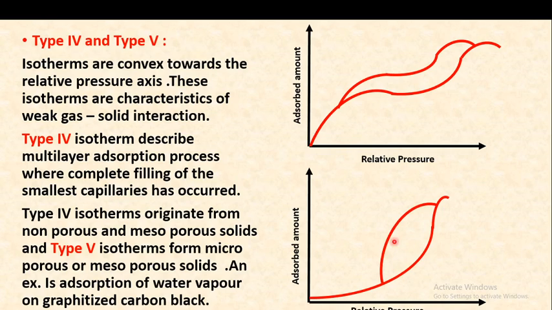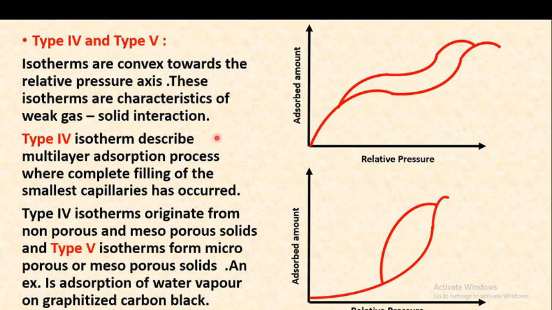This graph is convex towards the relative pressure axis. Means we have seen that here relative pressure is drawn on the x-axis and the graph is convex towards the relative pressure axis. So this was all about the type 4 and type 5 isotherm.